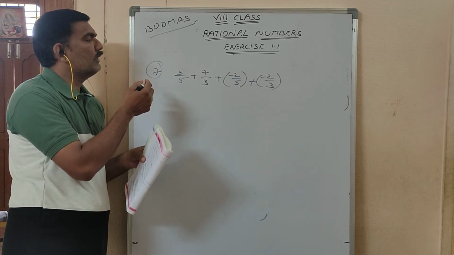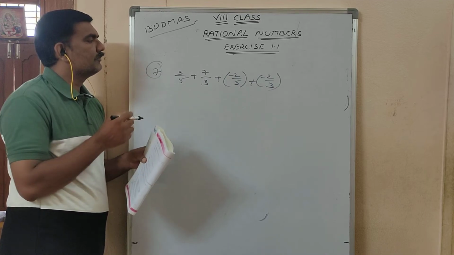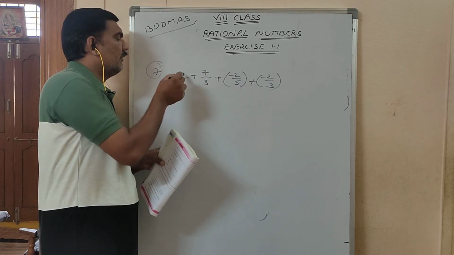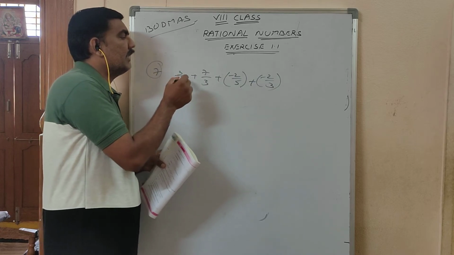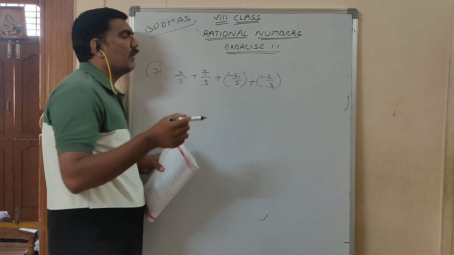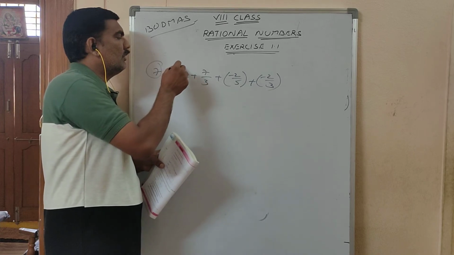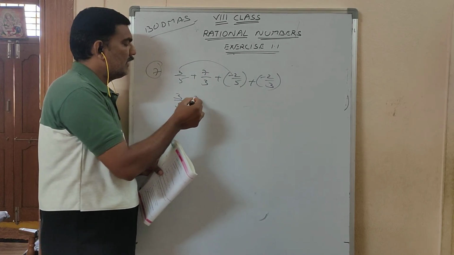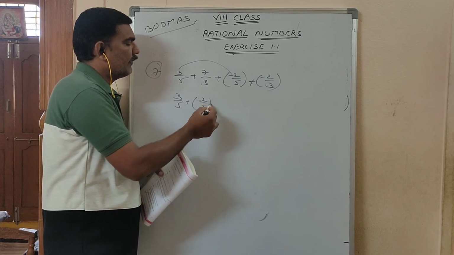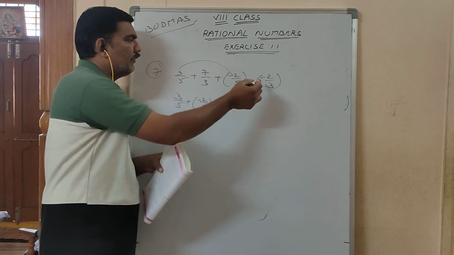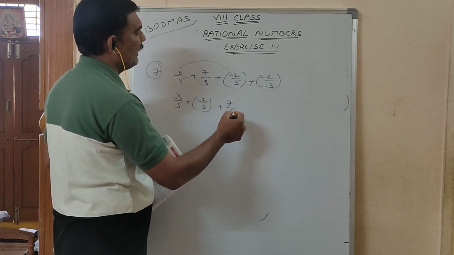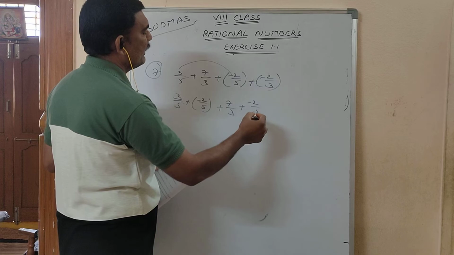So what you have to do is, we should take LCM. In simplification, for the first term the denominator 5 is there, for the third term also denominator 5 is there. So I will take these two separately: 3 by 5 plus minus 2 by 5. Next, for the second and fourth, denominators 3 are there: plus 7 by 3 plus minus 2 by 3.